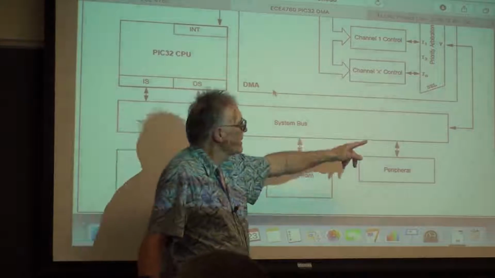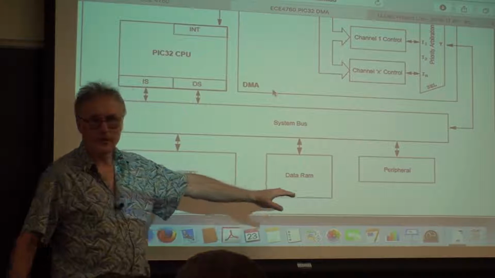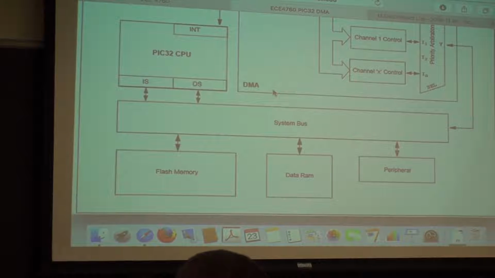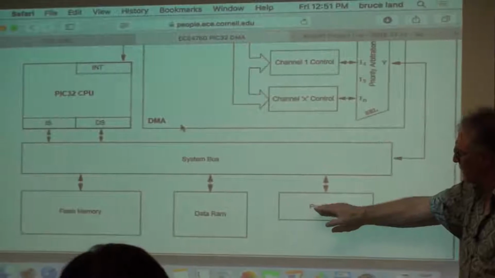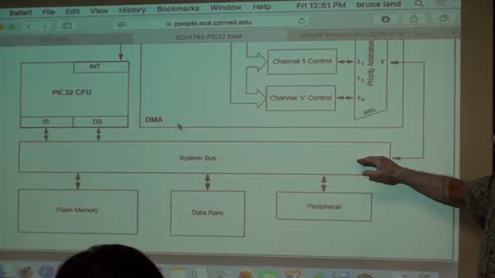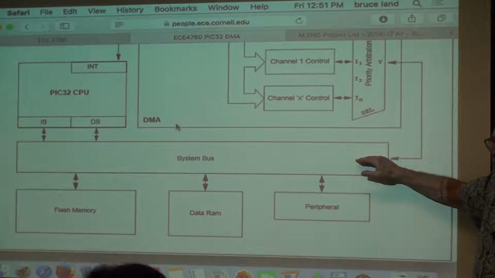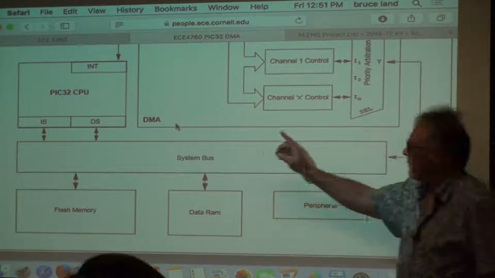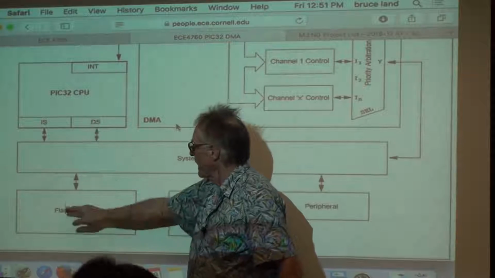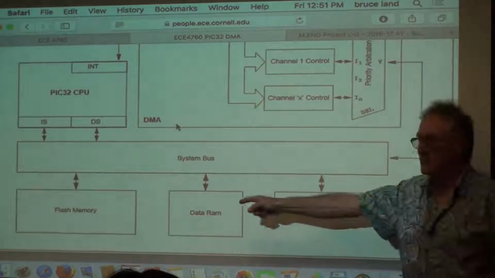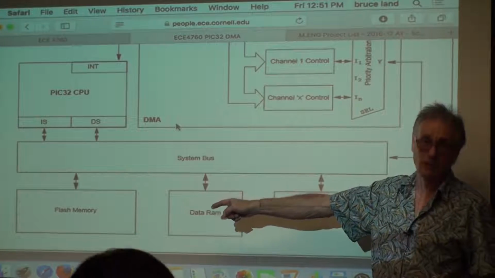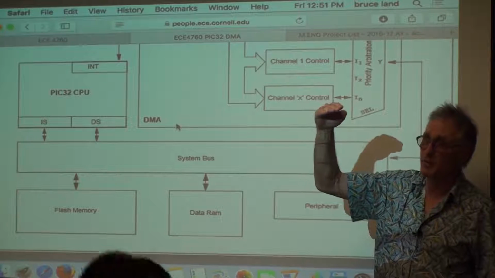DMA can hit all 3 of these. But a given target can only take an address from one source at a time. So if the PIC is asking for something from flash memory, the DMA controller cannot also ask for something from flash memory on the same cycle. It'll be queued up for one cycle.